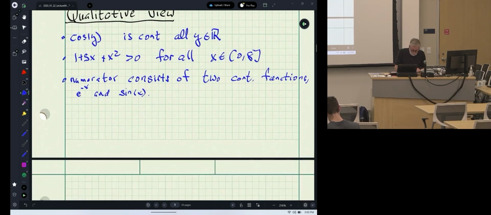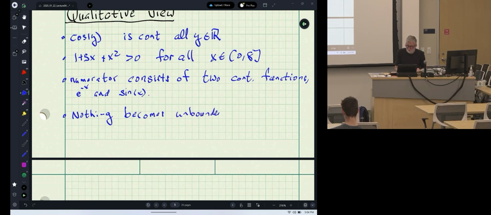So nothing becomes unbounded, or jumps between two values.